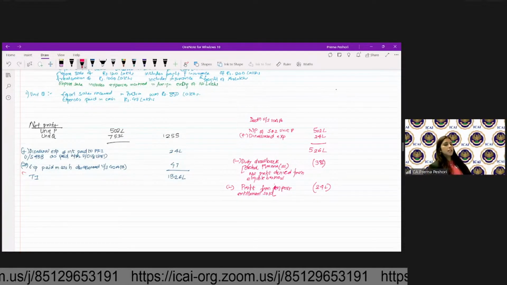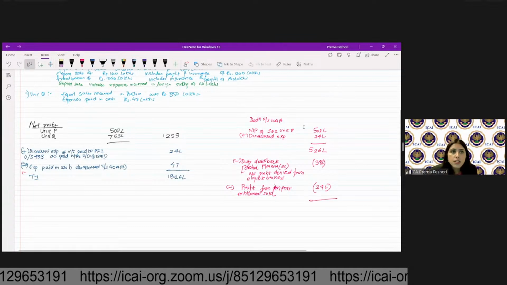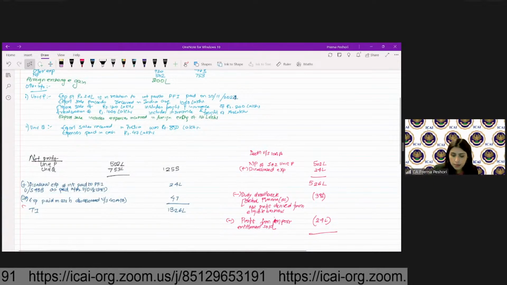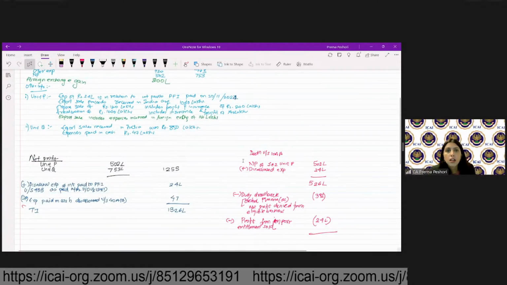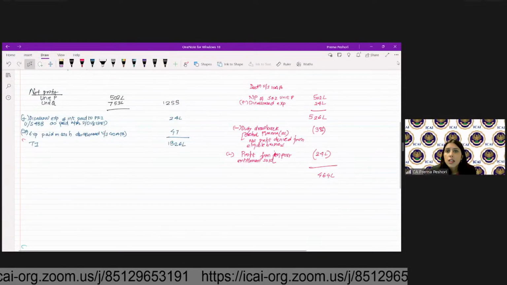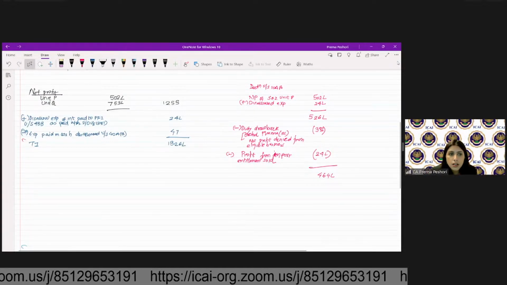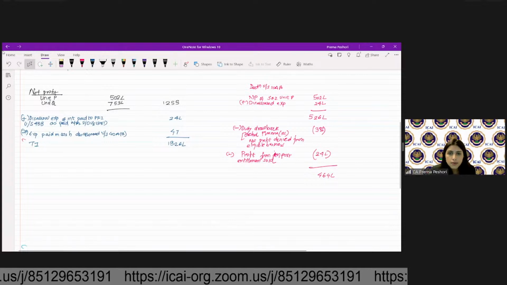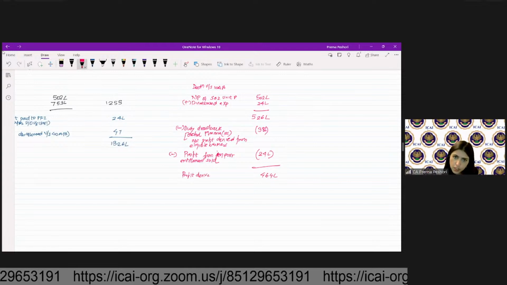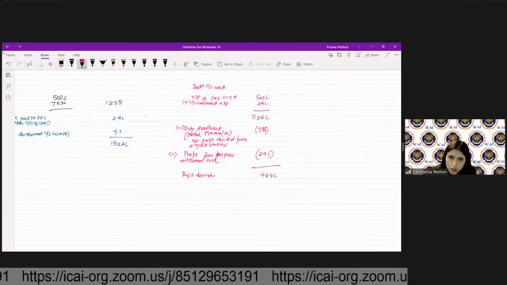Is there anything else? No. So 526 minus 38 minus 24 comes to 464 lakhs. So this is my profit derived from the eligible business. You can just write it over here. For the purposes of the total income calculation, we will not exclude this, but only for the purpose of the 10AA deduction.